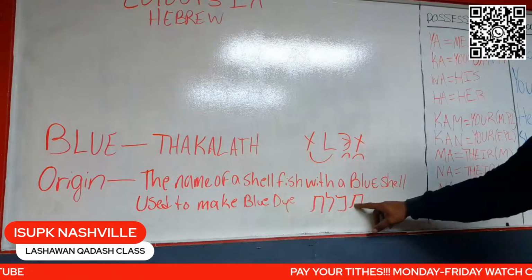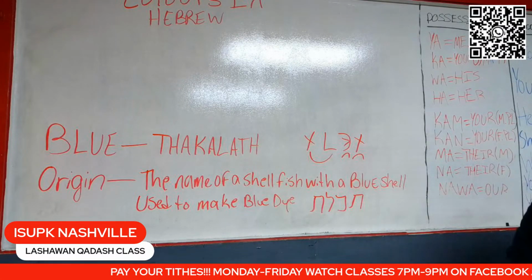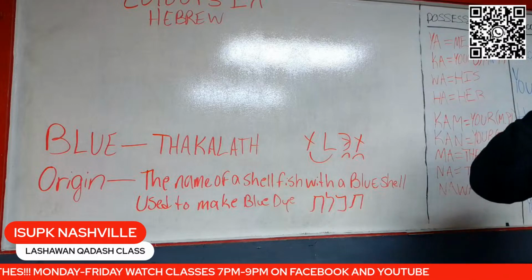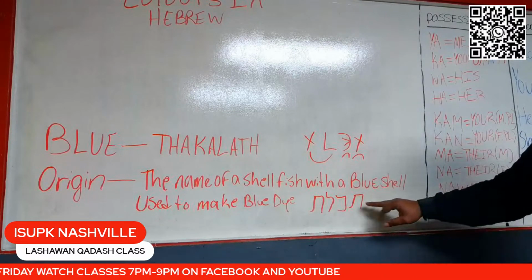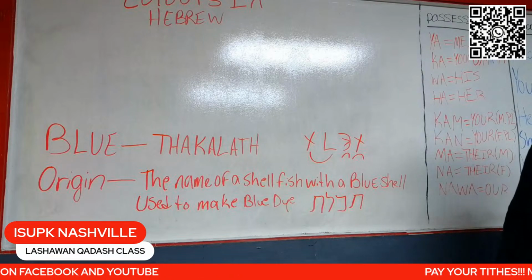Now, why does the Tha look exactly the same, even when Tha is at the end of the word? It's because the character Tha does not have an ending character.